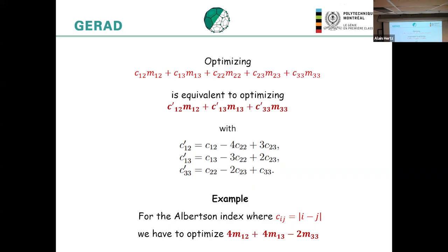And this is 0 minus 2 plus 0. This is minus 2 here. So it's very easy. If I want to optimize the Albertson index, I just have to optimize 4 times M12 plus 4 times M13 minus 2 times M33. This is for Albertson. For any other index, you get a very simple formula and you know what your linear function is.